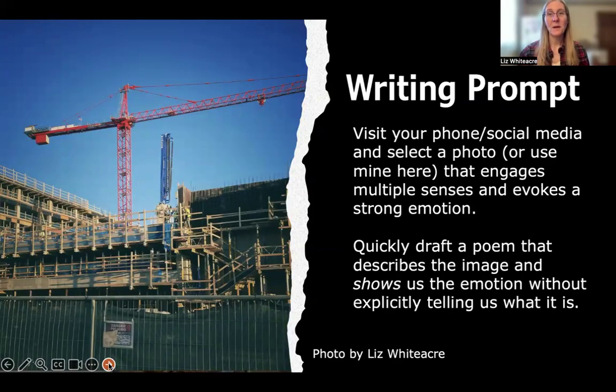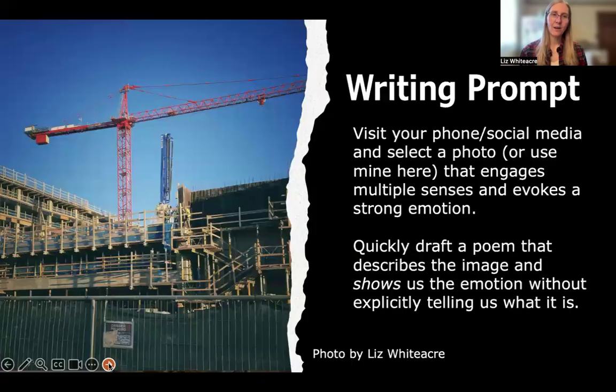Now that you've warmed up and practiced, what I'd like you to do is give it a try. Definitely find a photo that you've taken, I recommend, or you could go to social media or the internet generally. You can even use this photo I took of construction. I was standing in the Starbucks parking lot downtown.